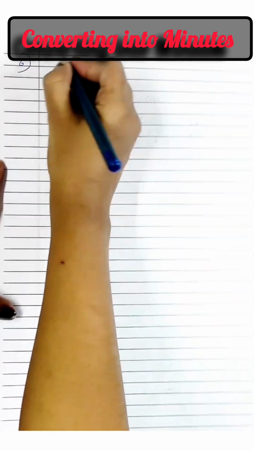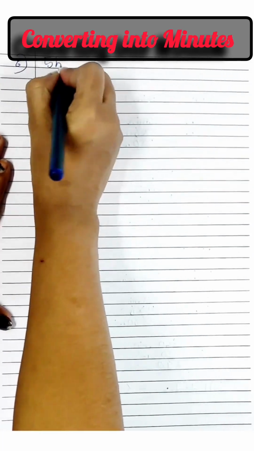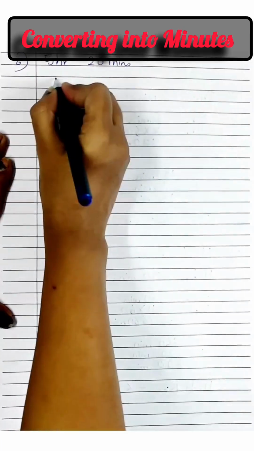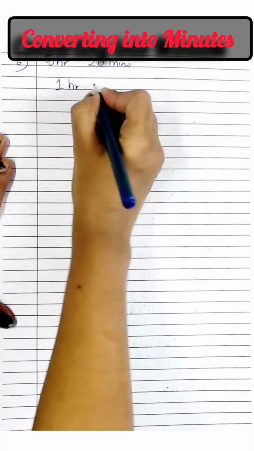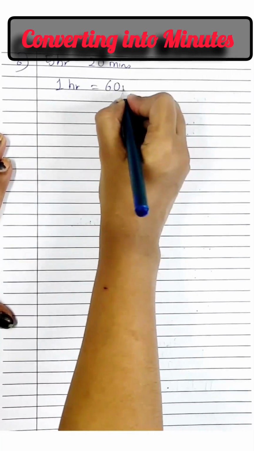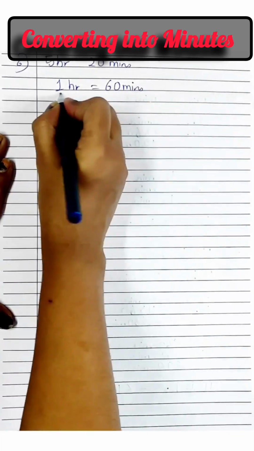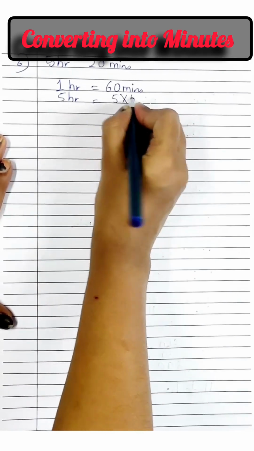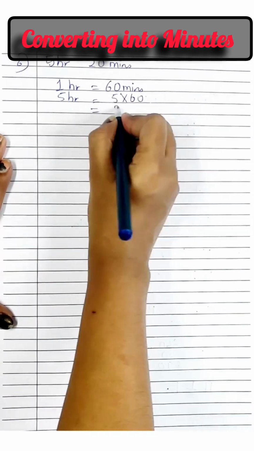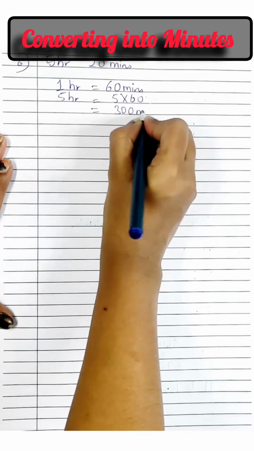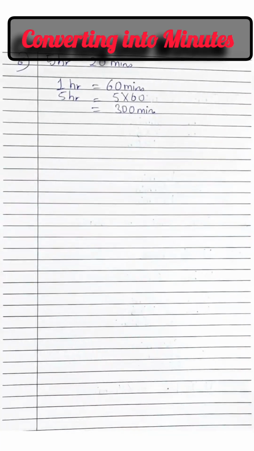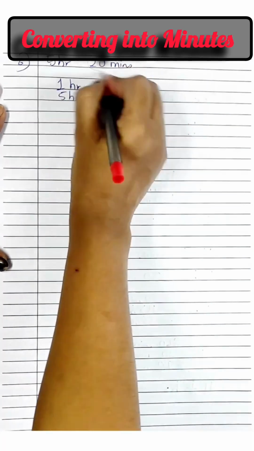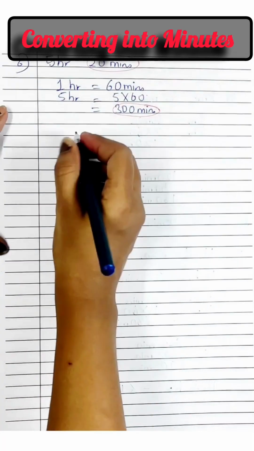Six. 5 hours 20 minutes. So 1 hour is equal to 60 minutes. So how many minutes are 5 hours? 5 multiplied by 60, which will give you 300 minutes. Again, these minutes and these minutes, we have to add.